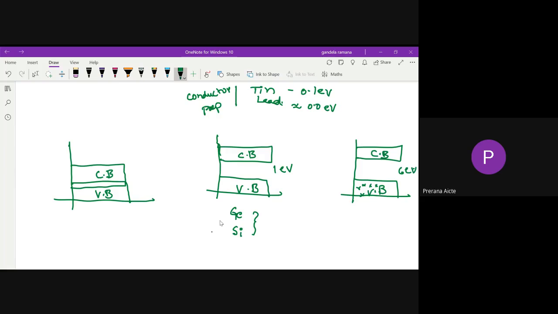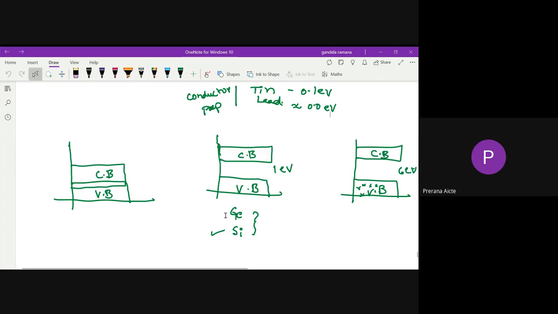Silicon is most preferable. Even though, we call it a silicon controlled rectifier, not a germanium controlled rectifier, because silicon easily forms an oxide with oxygen and has high temperature withstanding capacity.